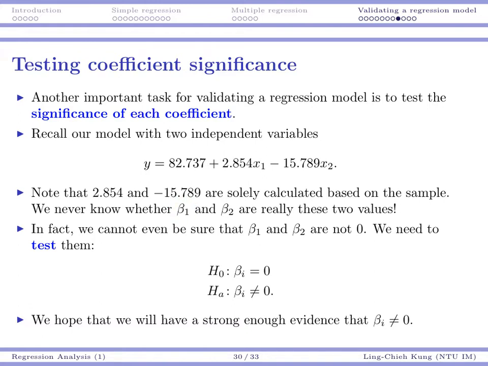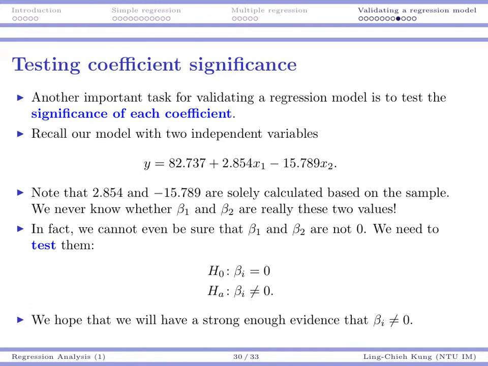We have beta 1 and beta 2. They are parameters, but we don't know them. So we use sample data to estimate them. 2.8 and negative 15.8. These are just estimates. So if they are just from sample data, even if they are not zero, we actually cannot be sure that beta 1 and beta 2 are not zero.